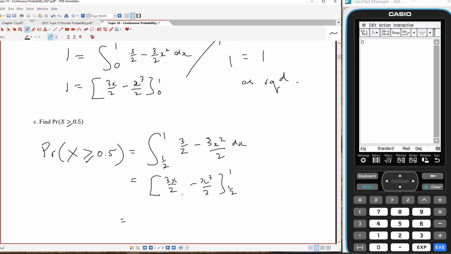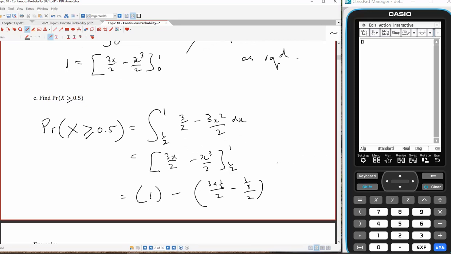Now we know that when 1 goes in, because we did this before, the answer is 1, so it's going to be 1 take away. So x is going to be half, so let's just work this out. 3 times half on 2, take away a half cubed is an eighth on 2.